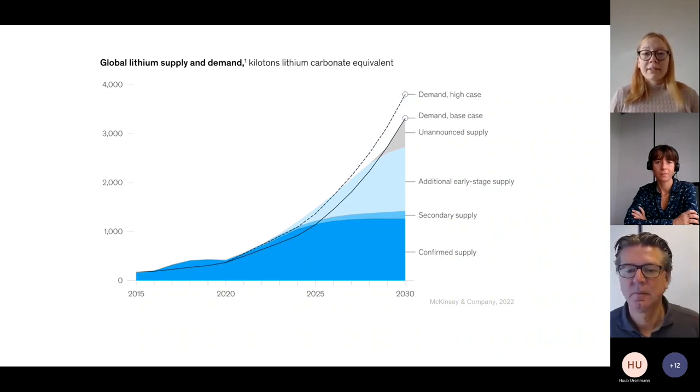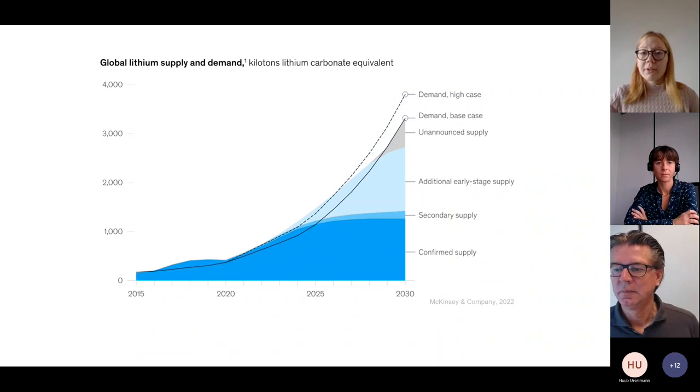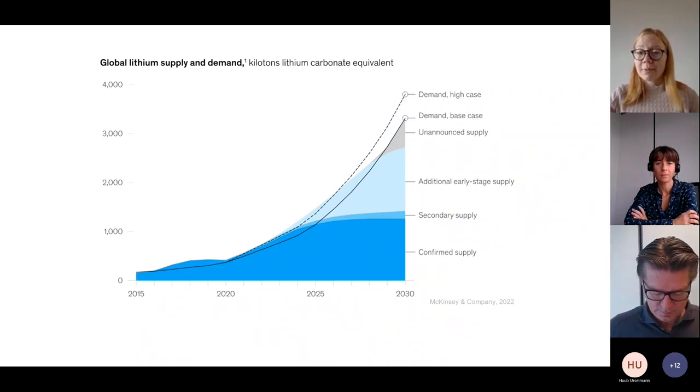You can see that the demand is increasing at an insanely fast pace. And you can see here that the darkest blue area, the confirmed supply, is also increasing from the current supply. But by 2030, we also need other forms of supply than the currently confirmed one to actually meet the demand.